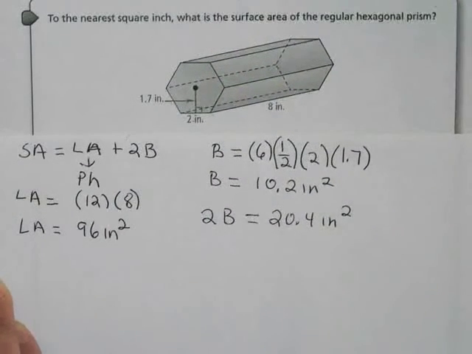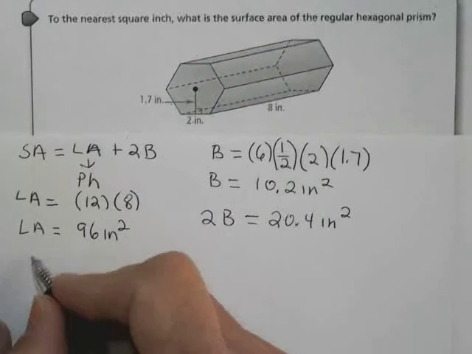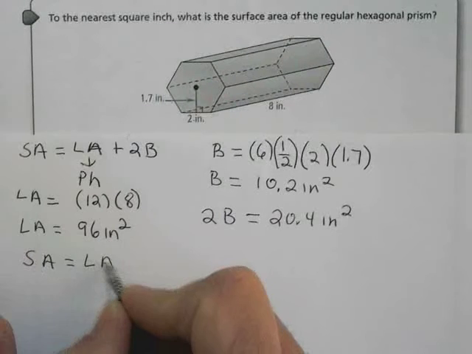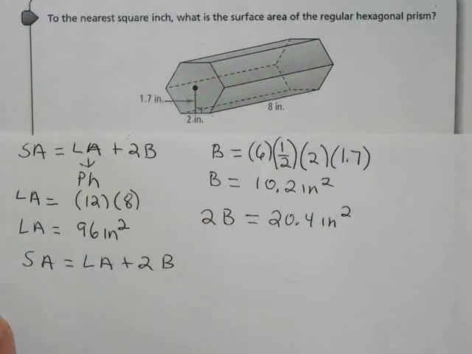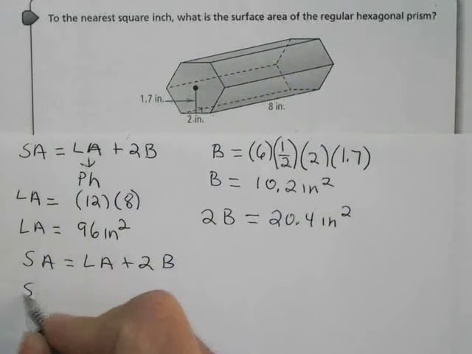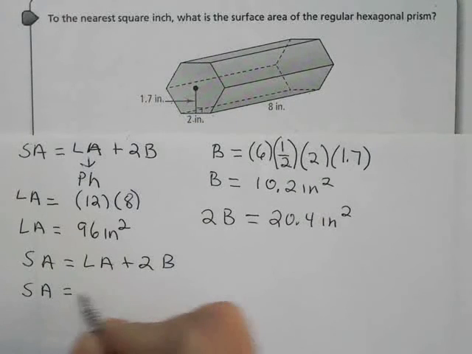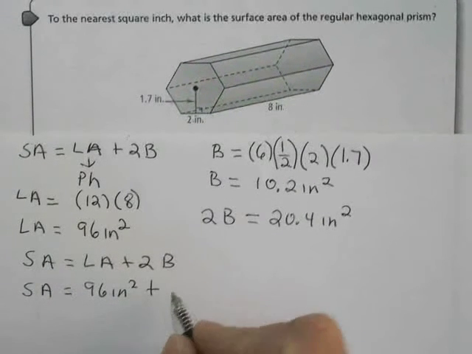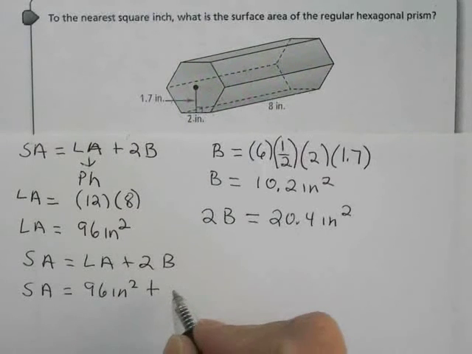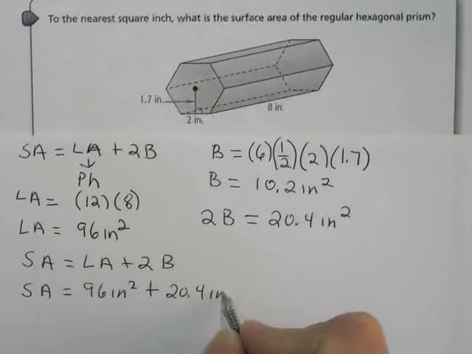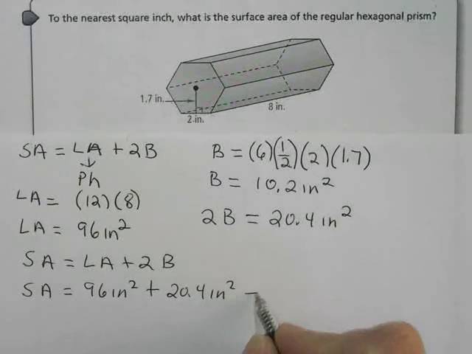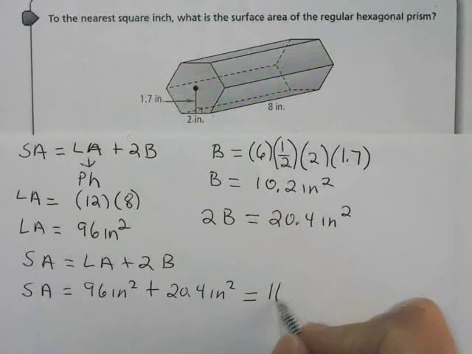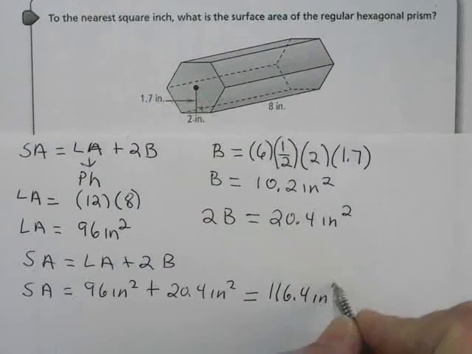And now I just need to add those things together. Once again, surface area equals the lateral area plus 2 times the bases. So let's fill it in. Our surface area is going to equal our 96 inches squared plus our 20.4 inches squared, and that equals 116.4 inches squared.